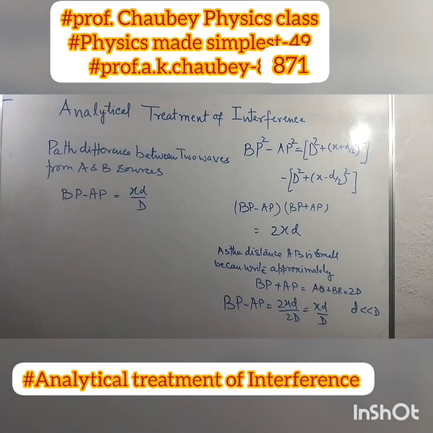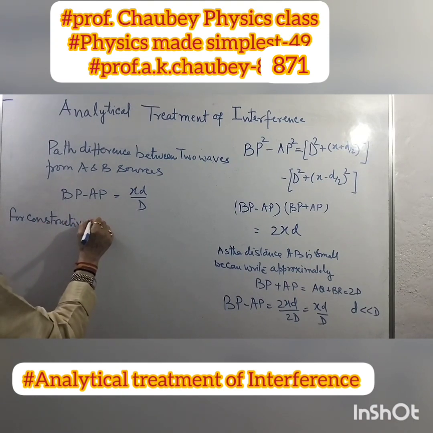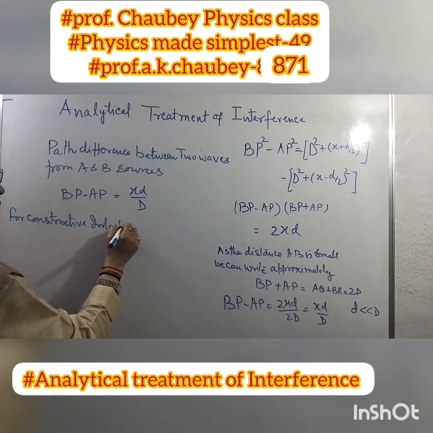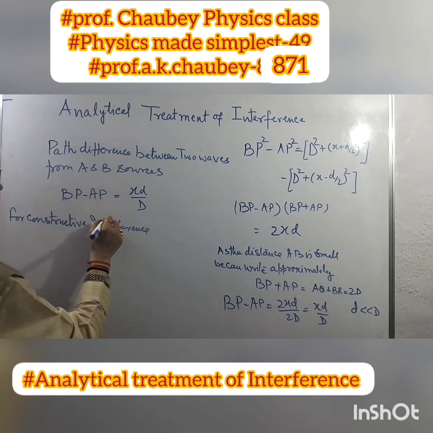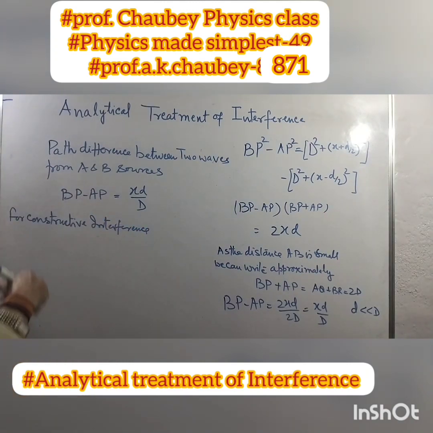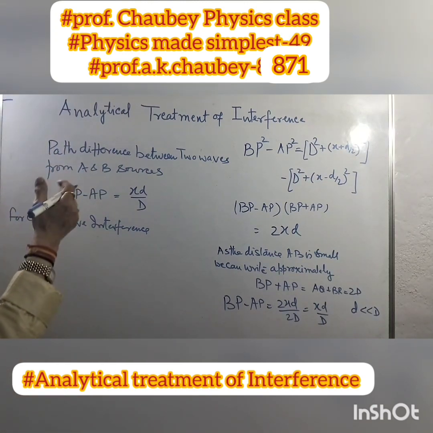We have seen last time the conditions for constructive interference and for destructive interference. Constructive interference means when maxima or peak of both waves are the same, so that the intensity becomes added together.